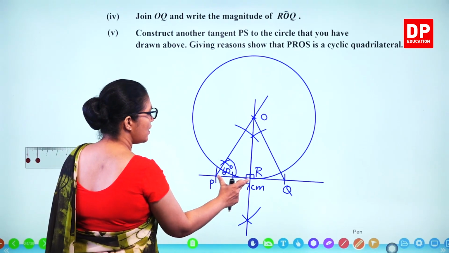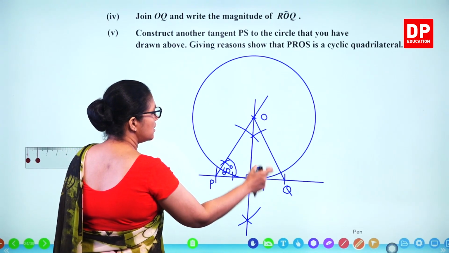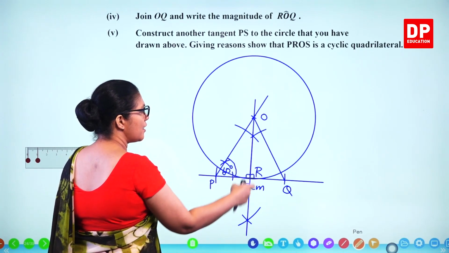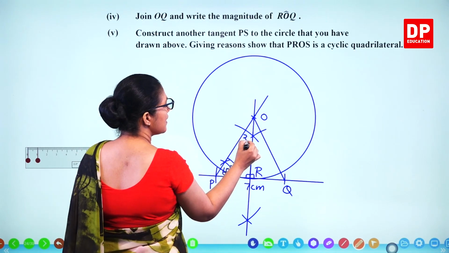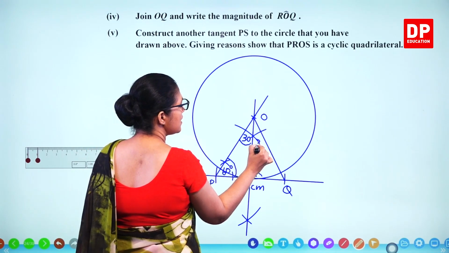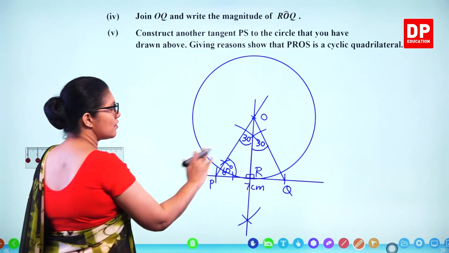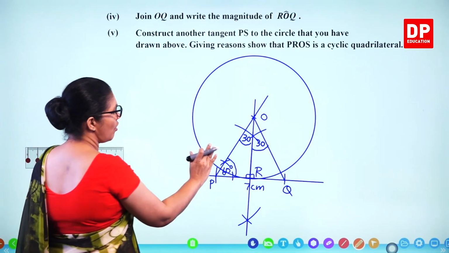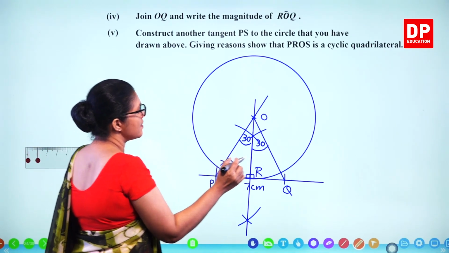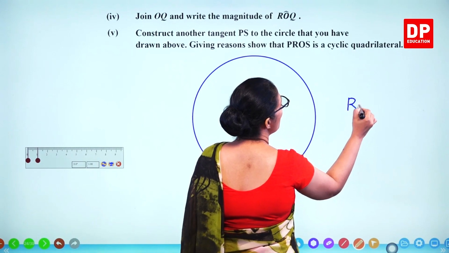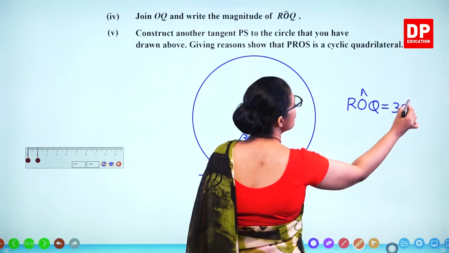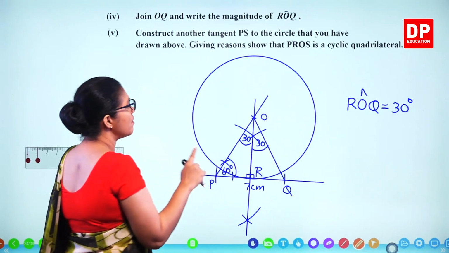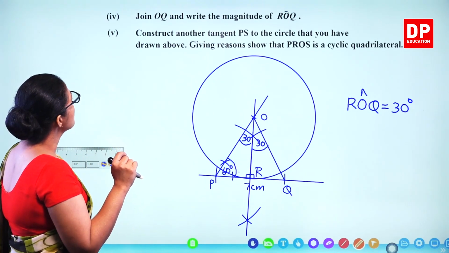Here these two lengths are equal. Can you see this is the perpendicular bisector. This is 30. So this is also 30. The two triangles are congruent. So we can say ROQ is 30 degrees. You don't need to measure. From the diagram, you can figure it out.